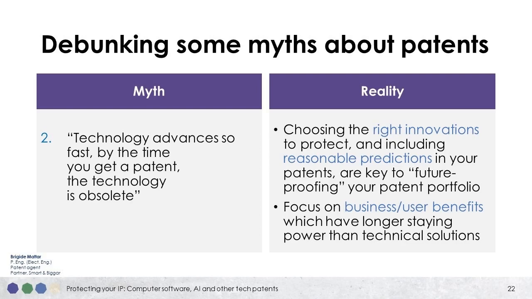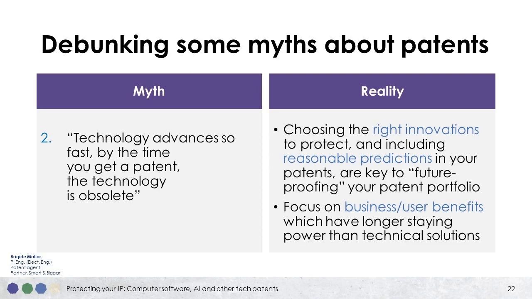You really have to focus on what is the core of the innovation, what are the core business benefits you're looking to see, what are the core solutions. And if you're doing the patents properly by integrating reasonable predictions as to how the software will evolve, and very often software developers are able to do that. They know what the second, third, and fifth release of their software is going to look like. And if you do that properly, you can integrate that into your patent, and it will last much longer than your single release.